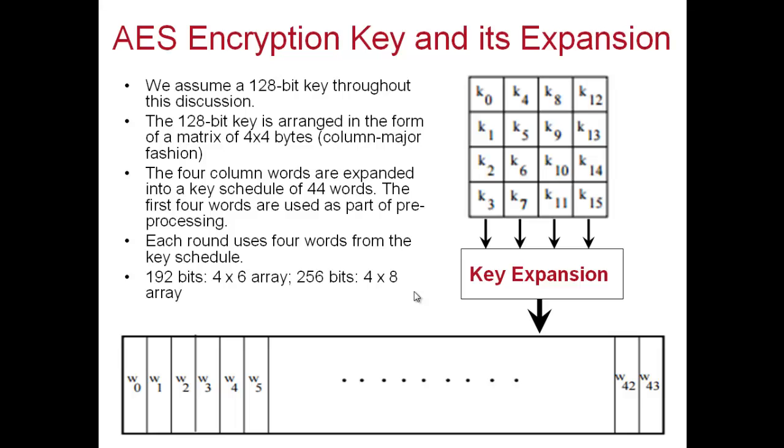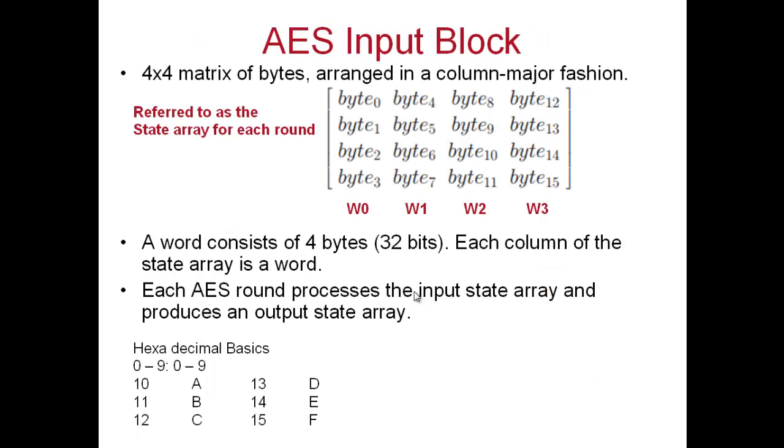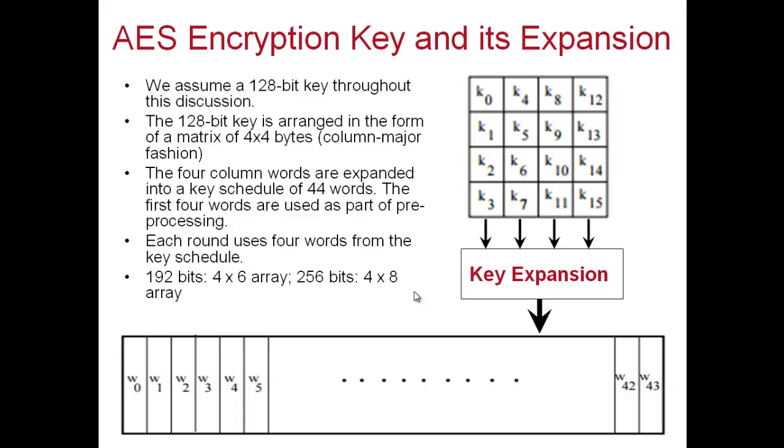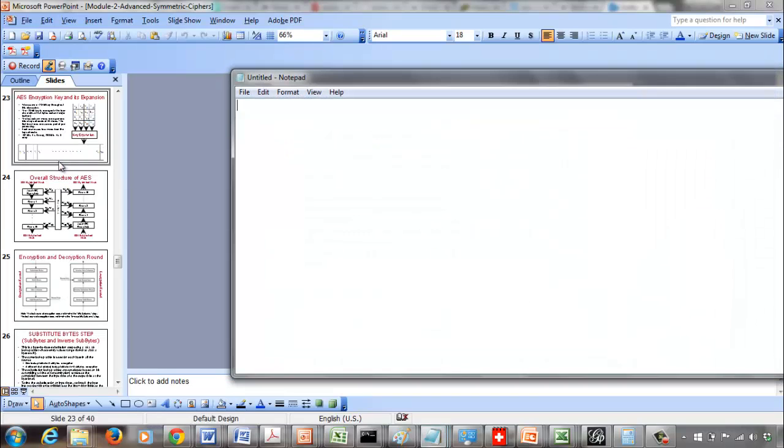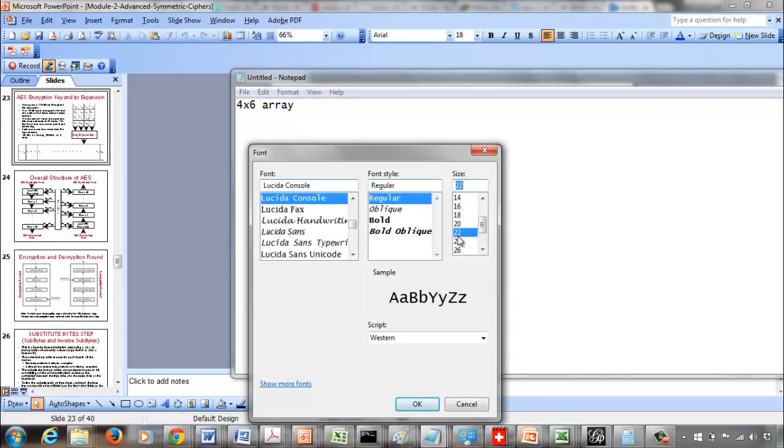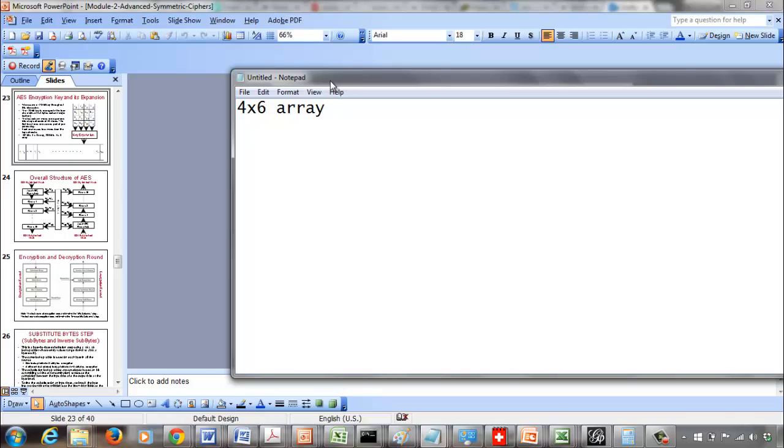So if it is a 192-bit key, as I say here, we'll have a 4x6 array, which means if we do the math, 192 bits will require 12 rounds. So if I ask you to compute the length of the key schedule, it's a 4x6 array for a 192-bit key.